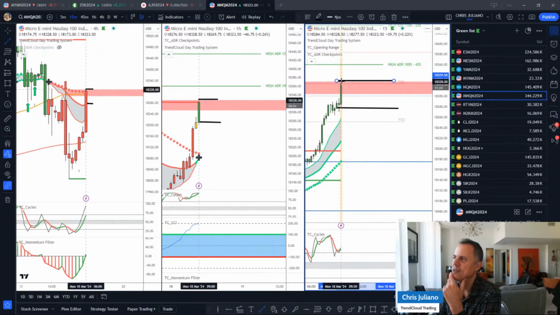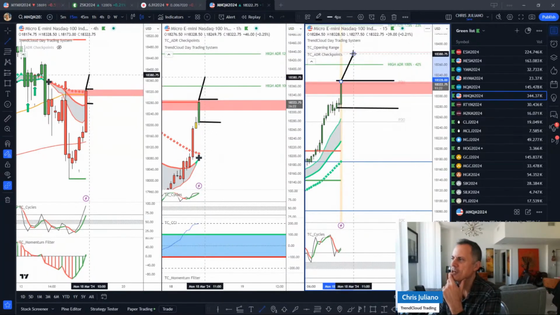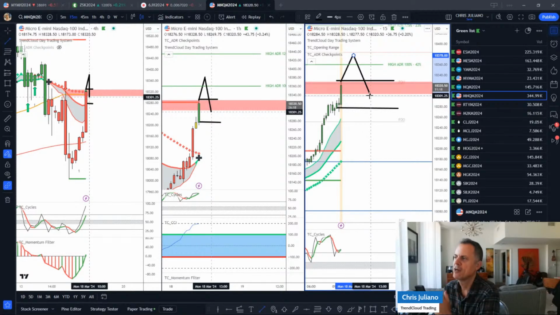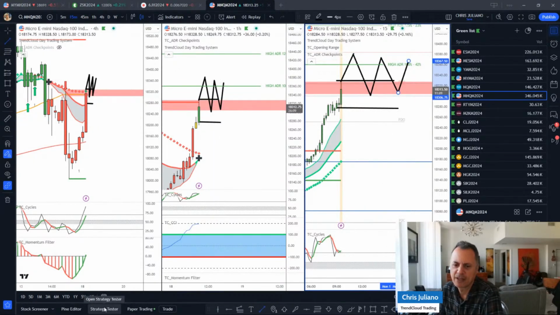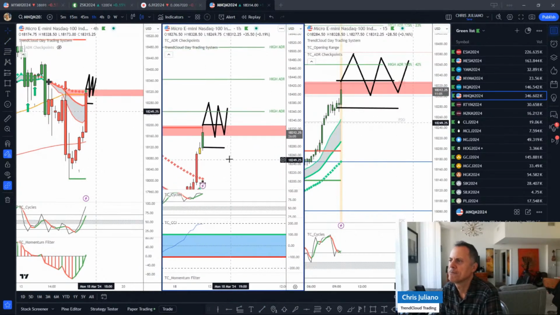So what are you going to do? You're going to break out, hit that ADR checkpoint, and then get the retest with all that upward momentum? You could, but you'll probably end up just going sideways. So just be aware of that.